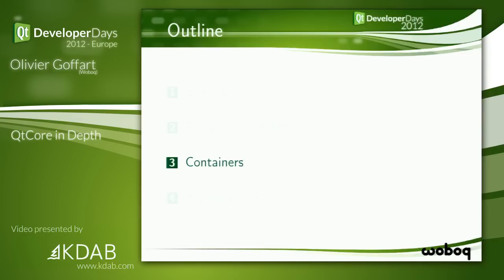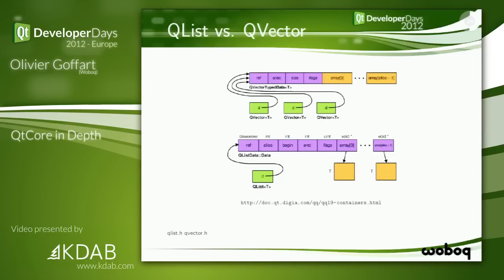Let's move now to an explanation about the containers. What are the different containers and how are they different, especially when you see QList or QVector? What are they, or when should you use QList, when should you use QVector? So let's look at their implementation.